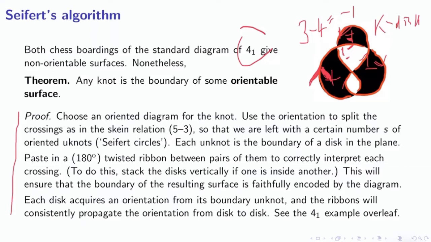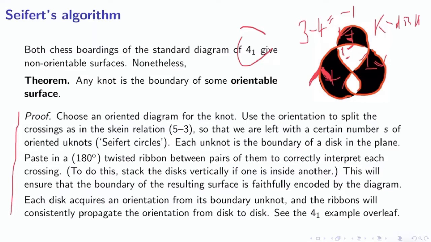So if you do that at each crossing, you'll eliminate all the crossings. You'll just be left with a diagram with a number of circles. When I say circles, I mean topologically homeomorphic to circles. And they'll be unknots because they're in the plane. Each of those unknots you can think of as the boundary of a disk.